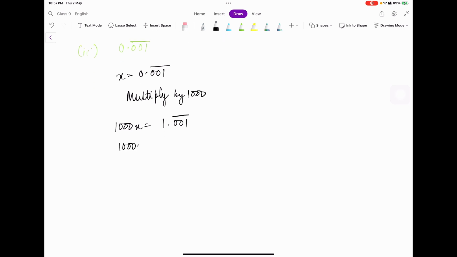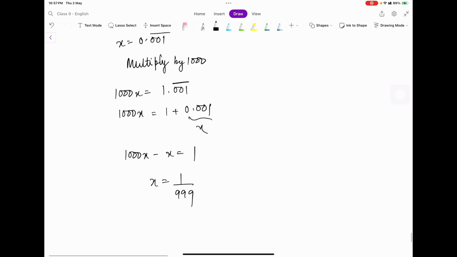We can write 1000x equals 1 plus 0.001001, which is x again. So 1000x minus x equals 1, so x equals 1 by 999. Understood? Clear?